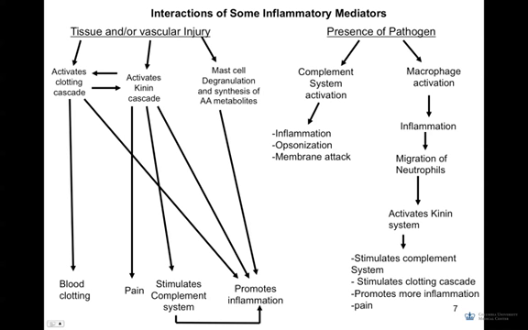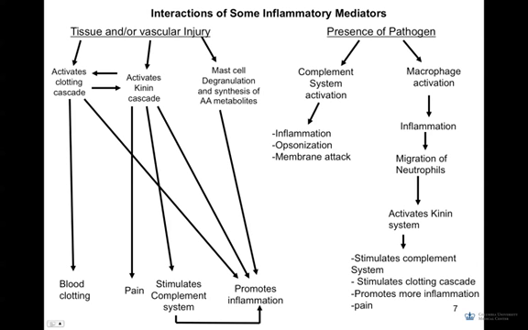Okay? Tissue and vascular injury will also cause activation of the clotting cascade. Okay? And activation of the clotting cascade will obviously lead to the formation of a blood clot. Activation of the clotting cascade through the production of thrombin will also promote inflammation, especially edema.